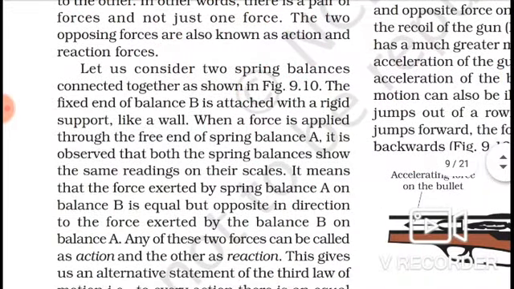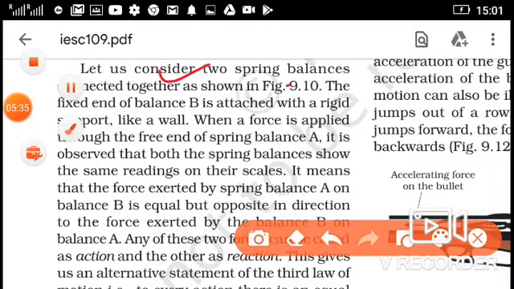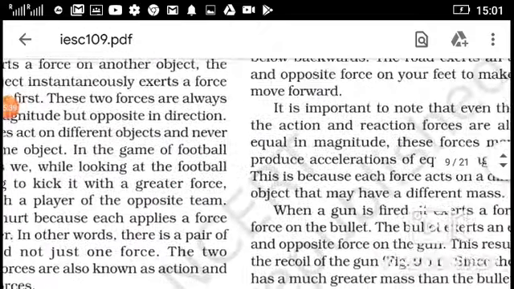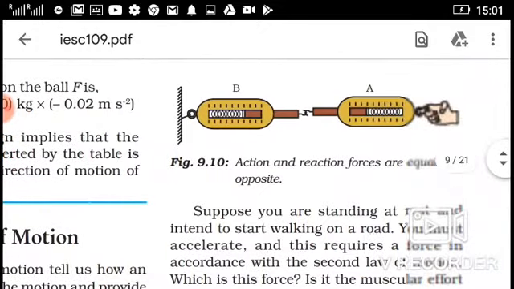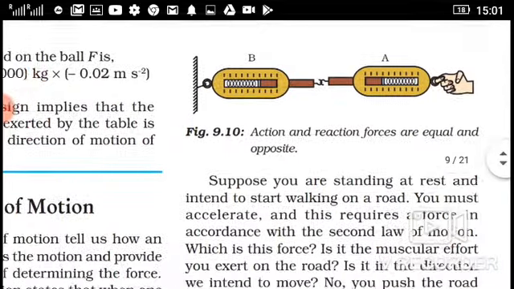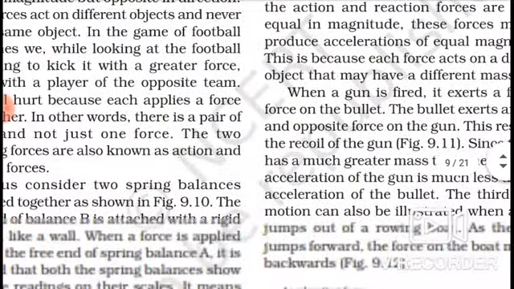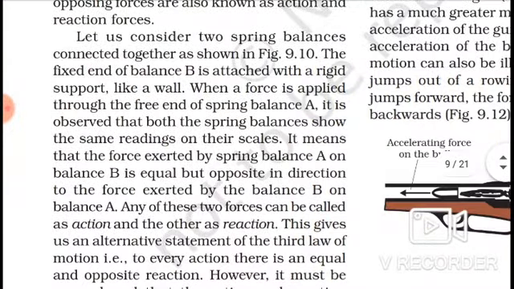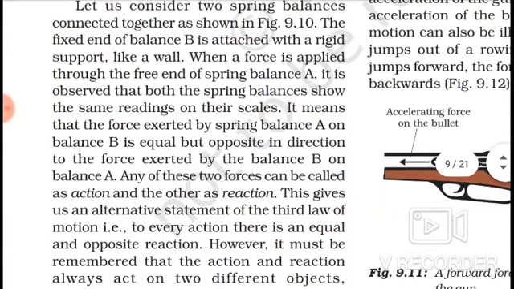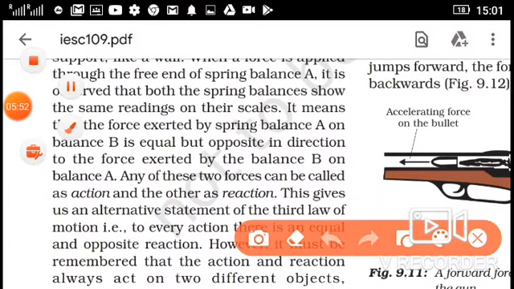Let us consider two spring balances connected together as shown in figure 9.10. You can see the figure here. There are two spring balances arranged like this. It is observed that both the spring balances show the same reading.